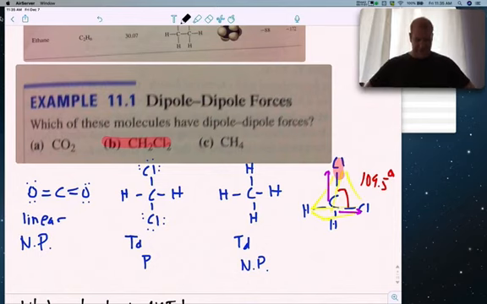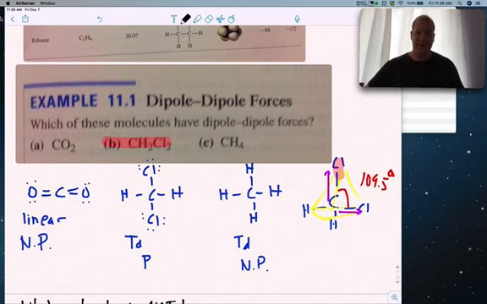Which of these molecules have dipole-dipole forces? We have carbon dioxide. If you draw out the Lewis structure and look at the molecule, it is linear and nonpolar. Therefore, it has dispersion forces only. Dichloromethane, or methylene chloride, here is drawn out. It is a tetrahedral molecule with an asymmetry with the chlorines and hydrogens. Therefore, it is polar and will have dipole-dipole forces.